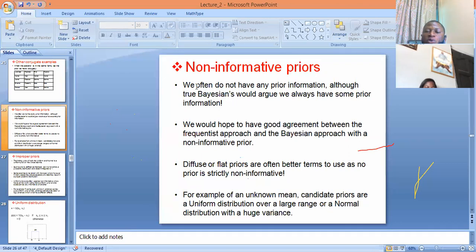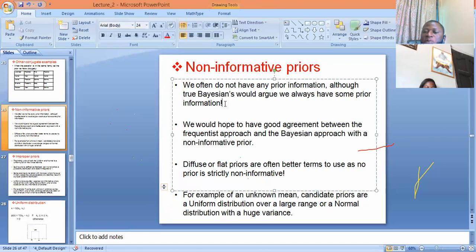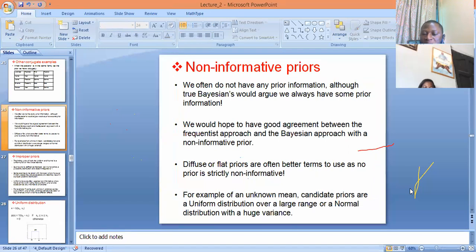We often do not have any information, although Bayesians will argue we always have some prior information. We hope to have good agreement between the frequentist approach and the Bayesian approach with a non-informative prior. Sometimes we use what we call diffuse priors or flat priors, just to indicate that the information they are adding is not much.